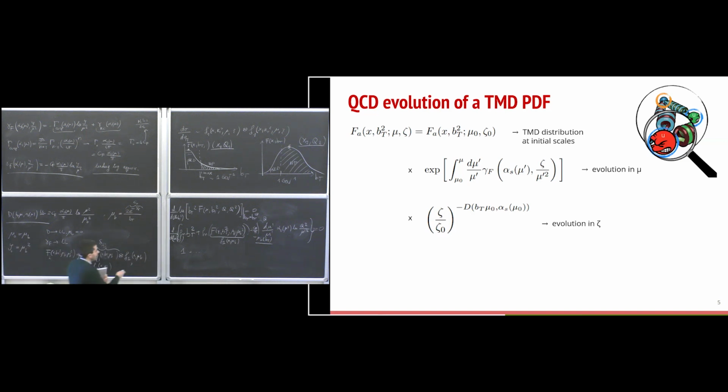So then we can go ahead and calculate the second term, right? The second term will be the derivative with respect to log bt square of the log of f1 collinear.